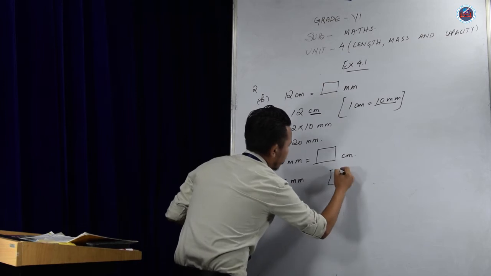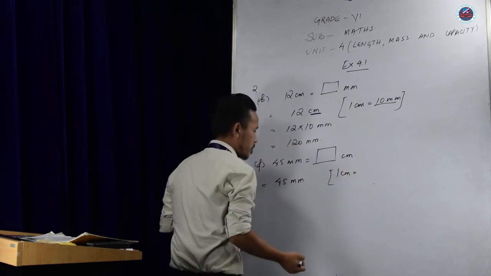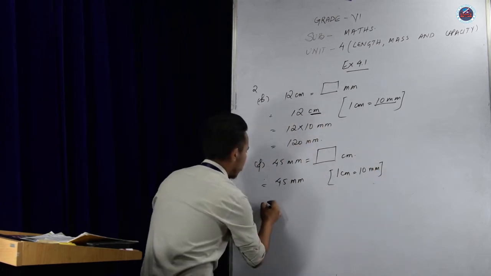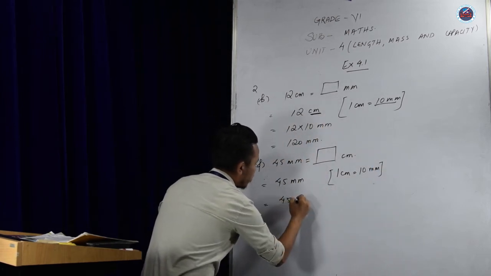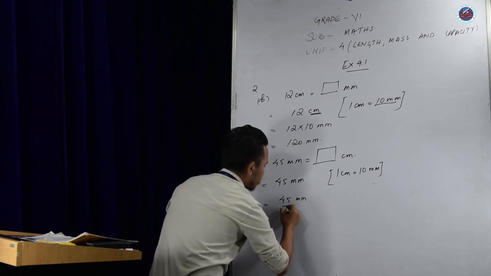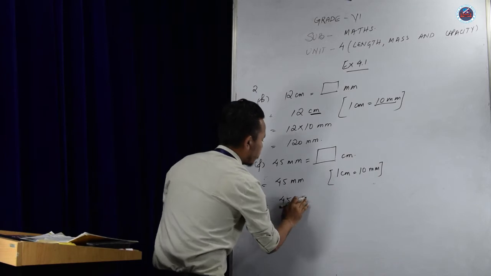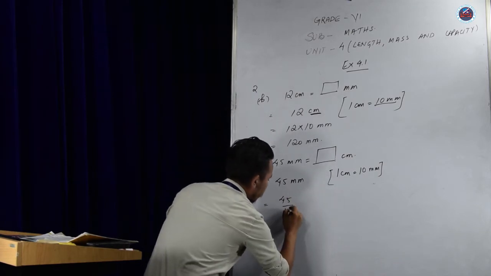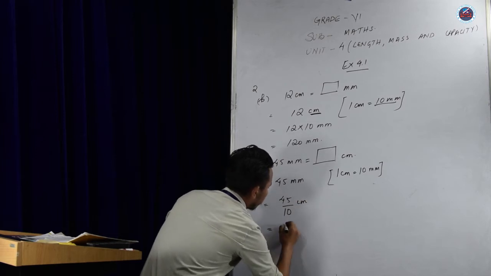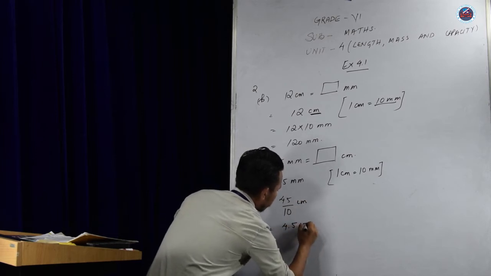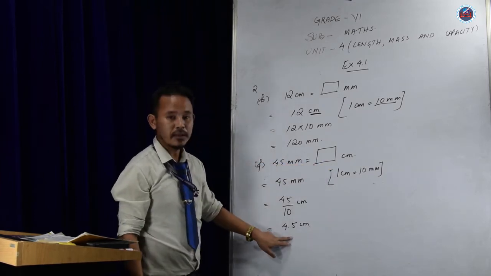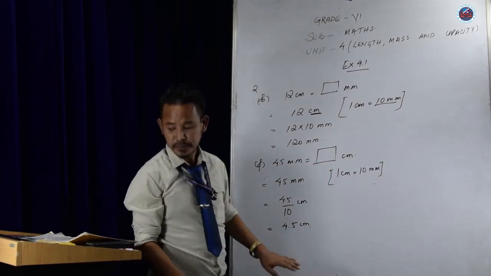We can write here 1 centimeter is equal to 10 millimeter, right? So what do we do here? 45 millimeter, instead of millimeter, what we can do? 45 divided by 10 centimeter, which gives us 4.5 centimeter. That means 45 millimeter is equal to 4.5 centimeter.